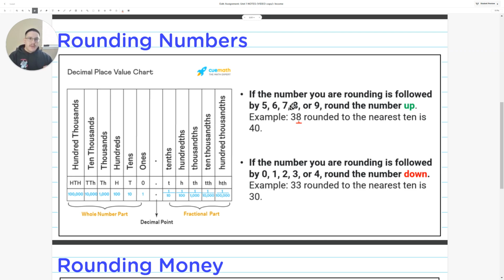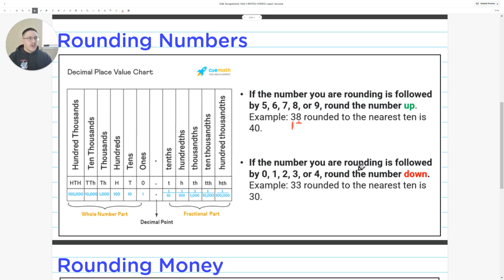And we're going to round it to the nearest tens place. So the 8 is what we look at in order to either round up or down, because what we want to round is the tens place. So it being an 8 means we're going to round the number up to a 40.